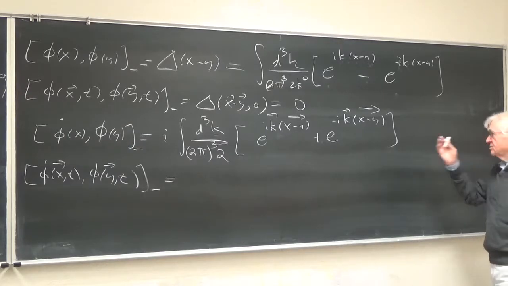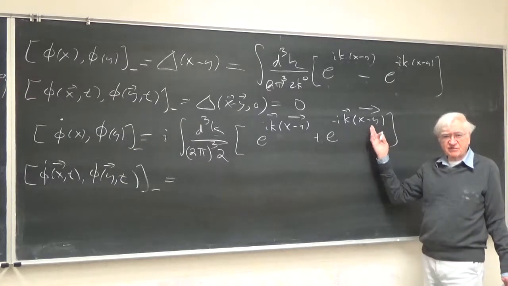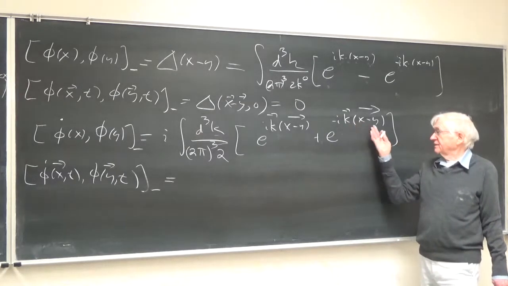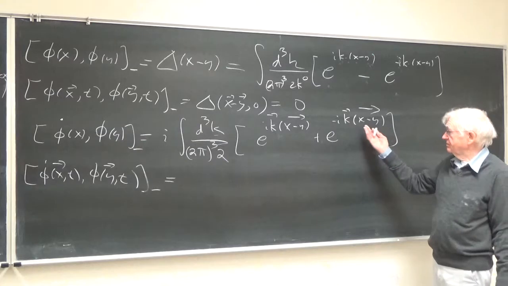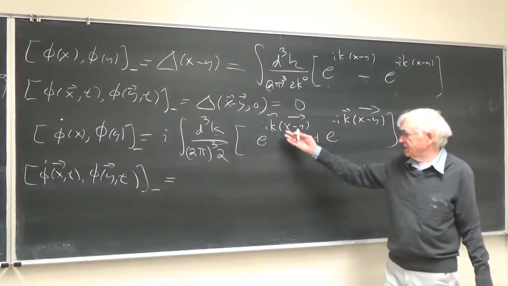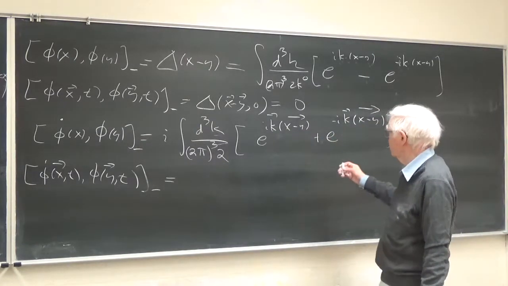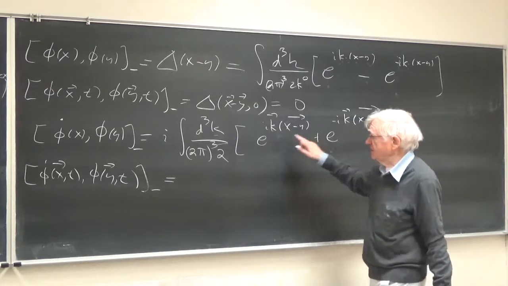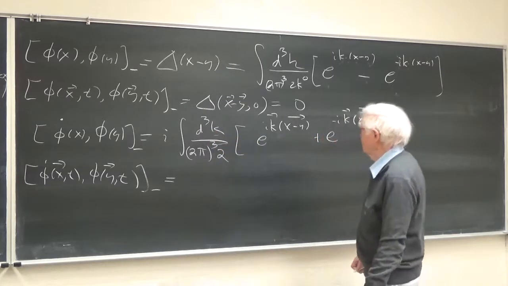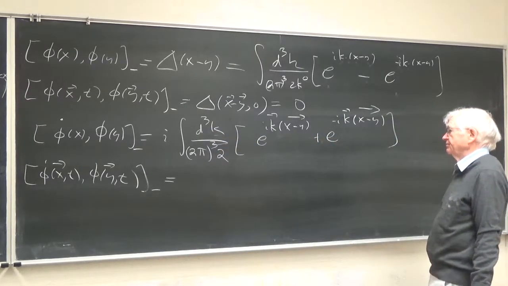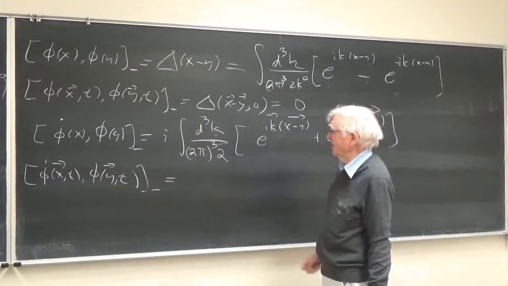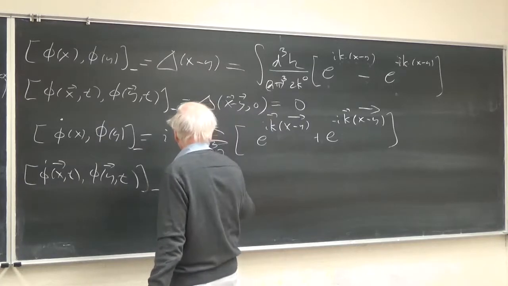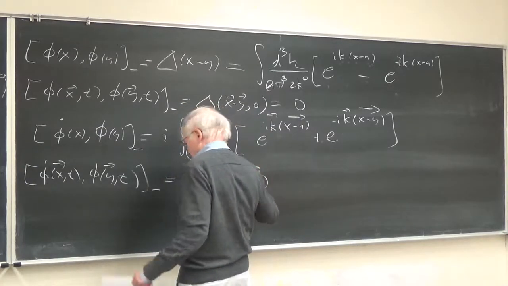And then you see, of course, the utility of Weinberg's choice of metric, in that this just comes in as a plus sign. You don't have these extra minus signs to screw around with. Once again, we can flip k to minus k, because this only involves d cubed k. And the two terms here cancel the factor of 2. This thing is then a delta function. So this is I delta cubed of x minus y.